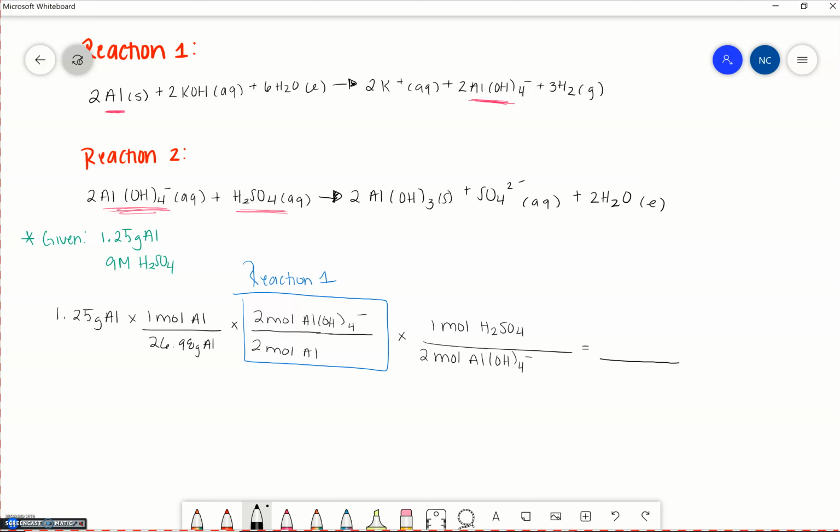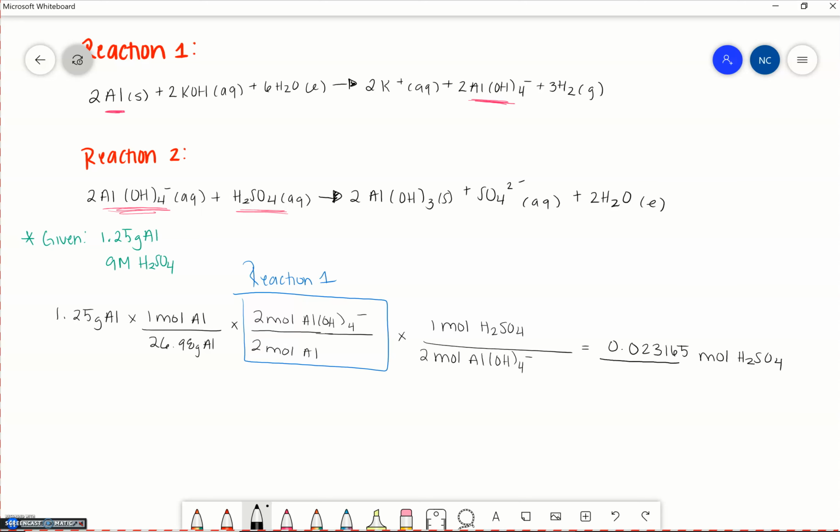You should get 0.023165 moles of H2SO4, which is the sulfuric acid.